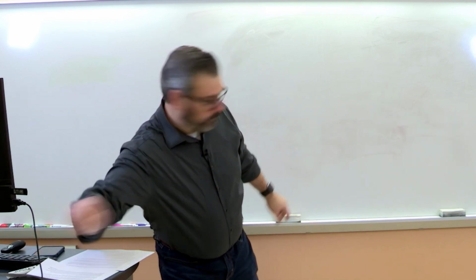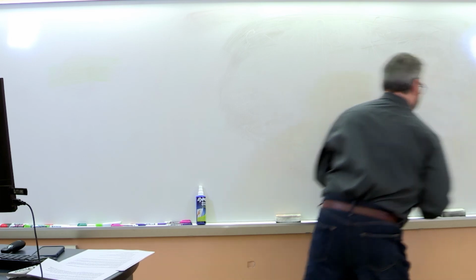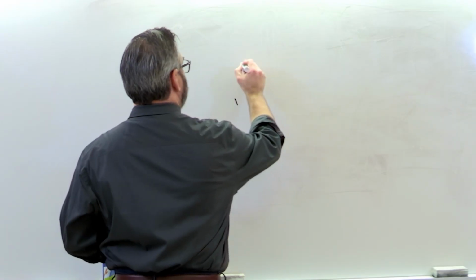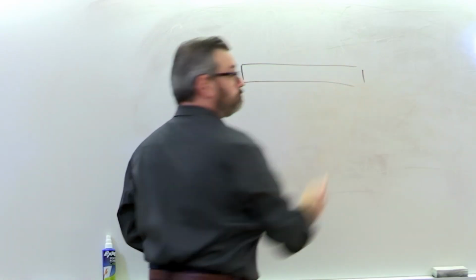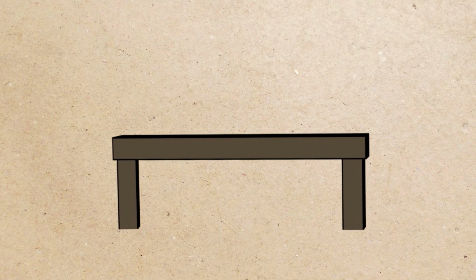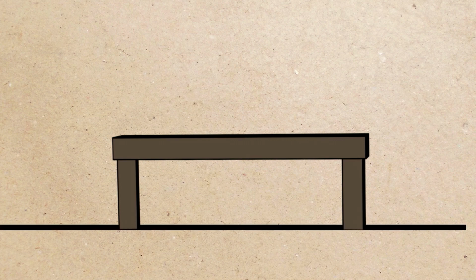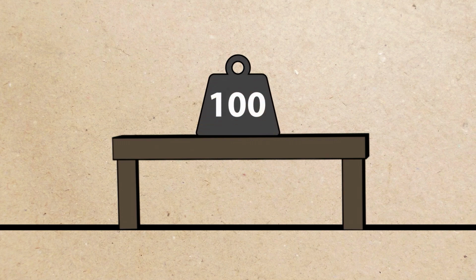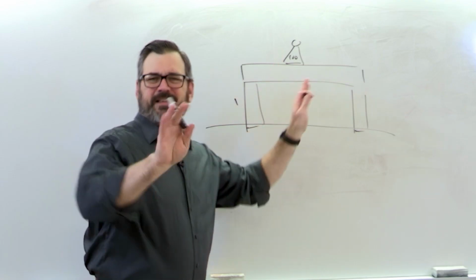Where'd my marker go? Here it is, I think. So we've got this platform, and it is on two legs, and it's sitting on the earth. We've got this 100-pound weight sitting on the middle of this platform. In fact, let's simplify it even more.